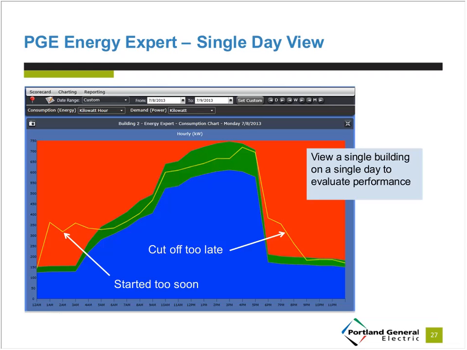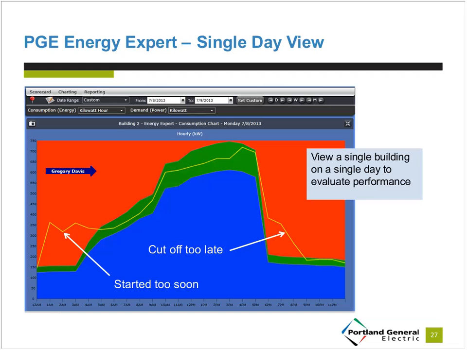So this next view is looking at a single building and a single day. And you can see here that we are looking at what the projected usage should be, and that is the green area right here. This band defines what the projected usage should be.